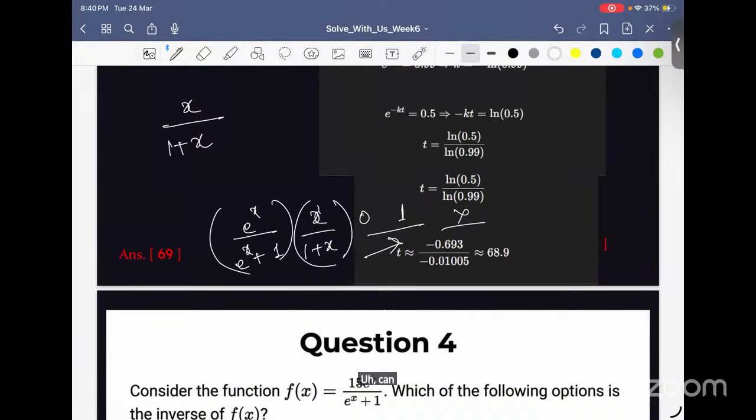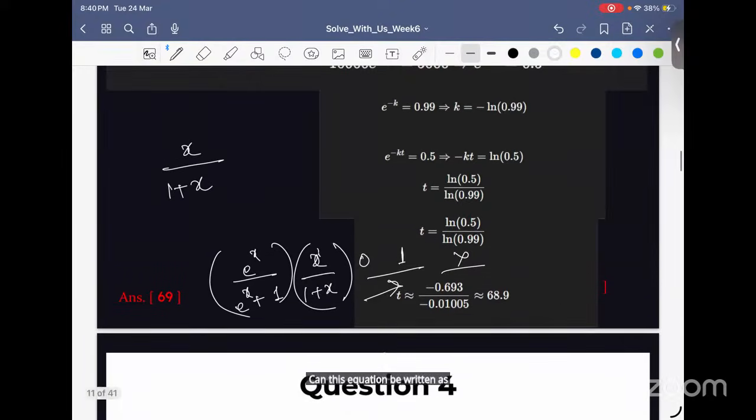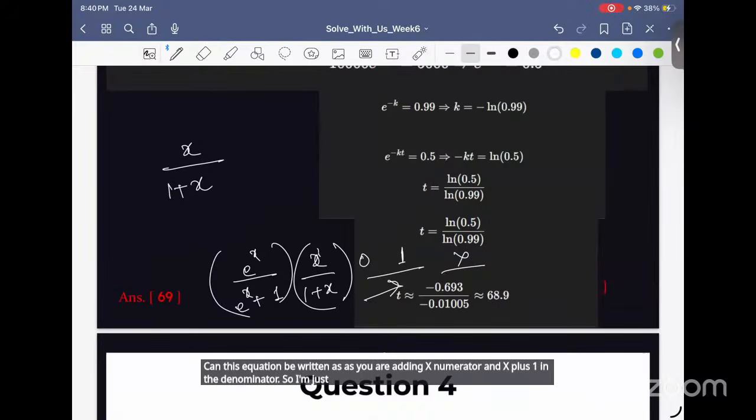Can this function be written as 1 by 1 plus x divided by x? And then it can be equated as 1 by 1 by x plus 1. Can you repeat that? Can this equation be written as x in the numerator and x plus 1 in the denominator? So I'm just taking the numerator x into the denominator and taking 1 in the numerator, then 1 by x plus 1.